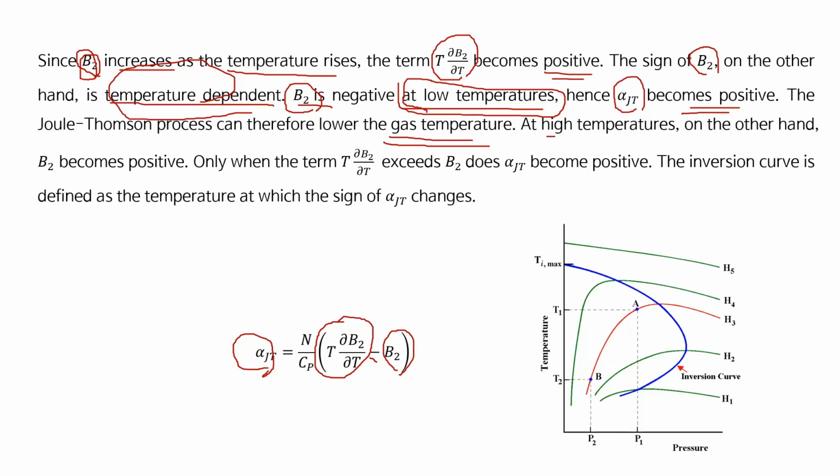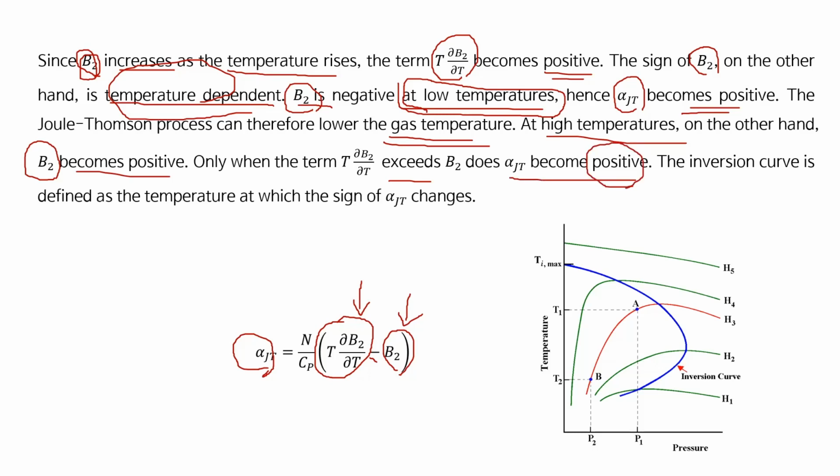On the other hand, at high temperatures, B2 becomes positive. Then only when this term exceeds B2 does alpha JT become positive.